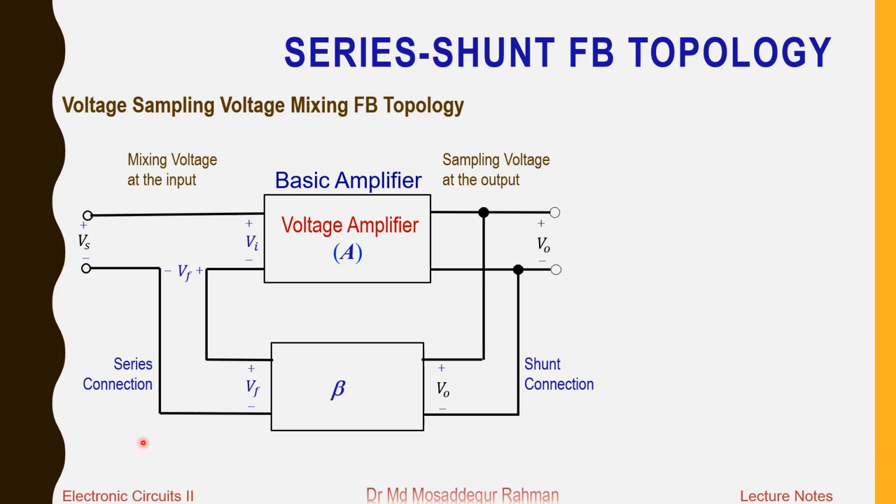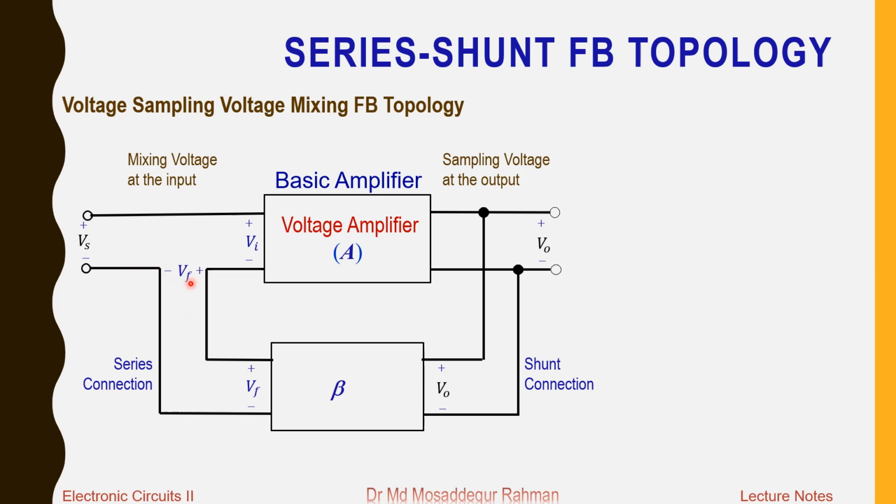This is the block diagram representation of the voltage sampling, voltage mixing feedback topology. As you can see, at the output side the feedback network is sampling the output voltage, and it is producing a feedback voltage Vf at the input side, which is mixed with the signal voltage.